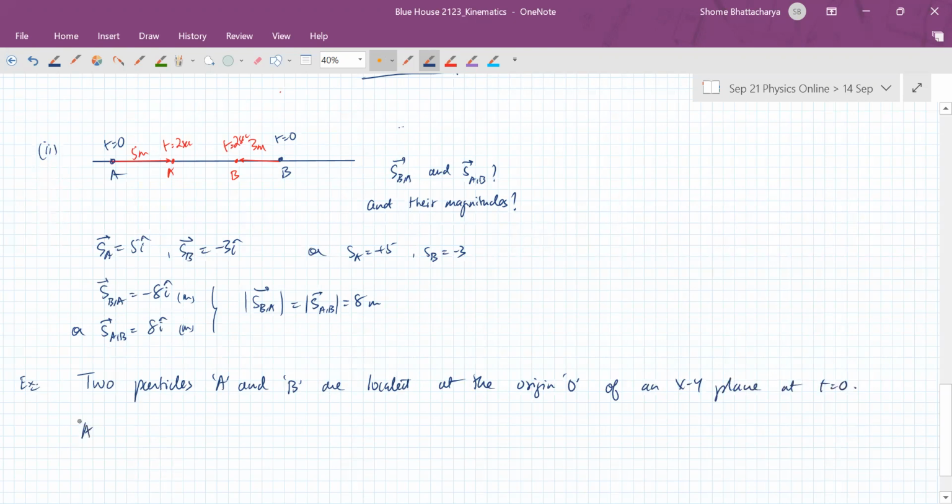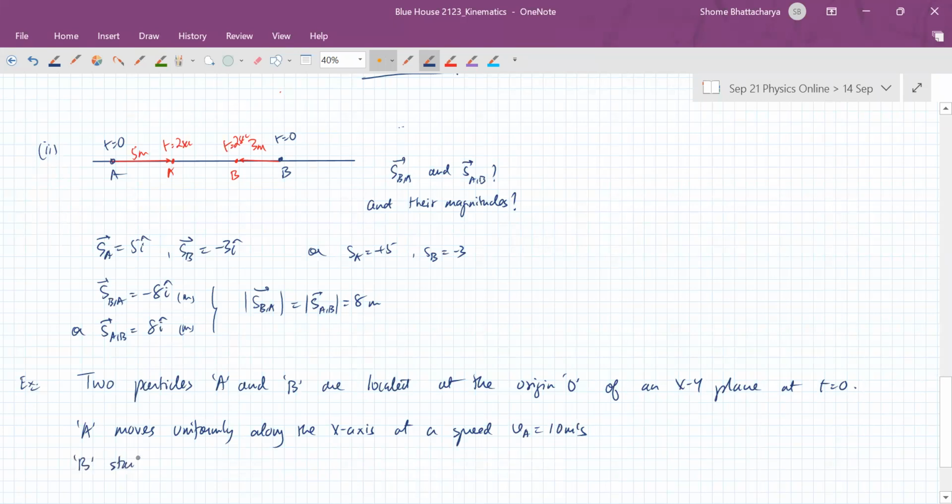Now A moves uniformly along the x-axis at a speed of 10 meters per second.